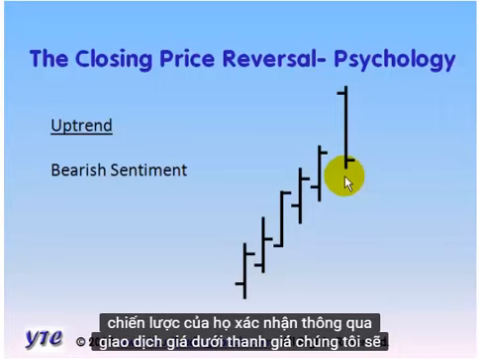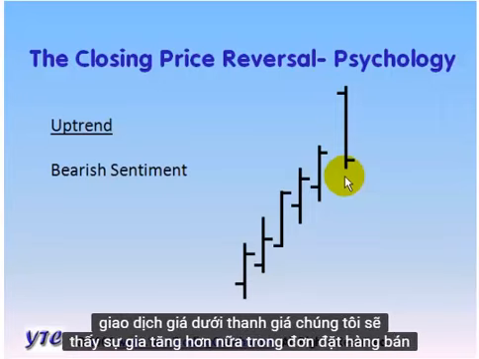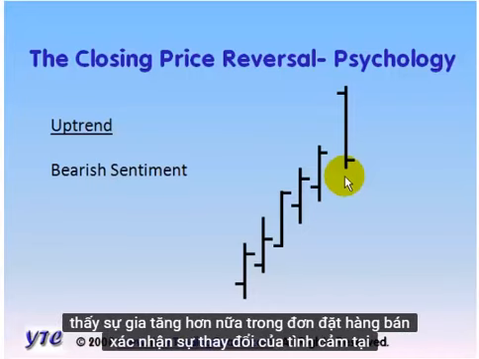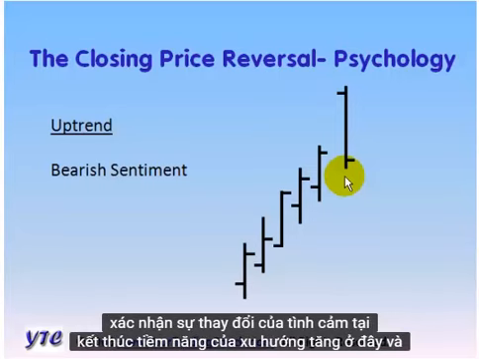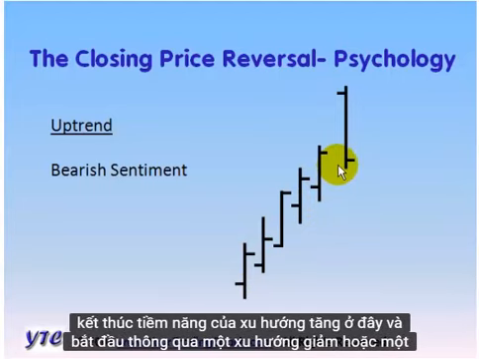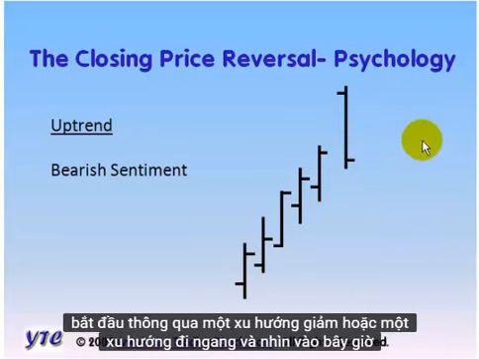Confirmation through price trading below the price bar will see a further increase in sell orders, confirming the change of sentiment at a potential end of the uptrend here, and commencement of either a downtrend or a sideways trend move.